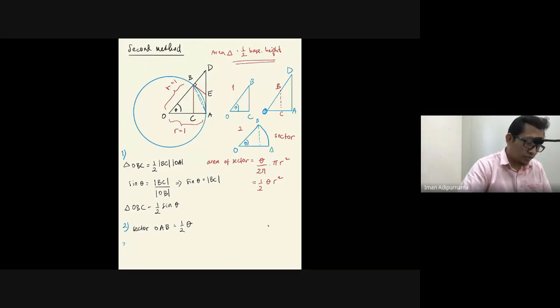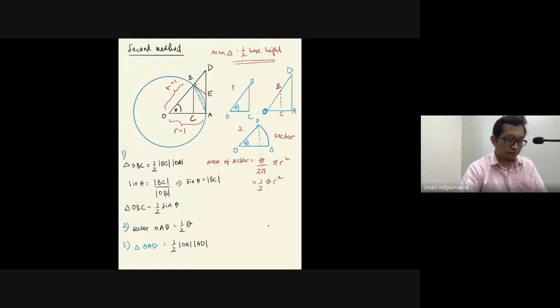The third one is the triangle OAD, so it will be half OA times AD.